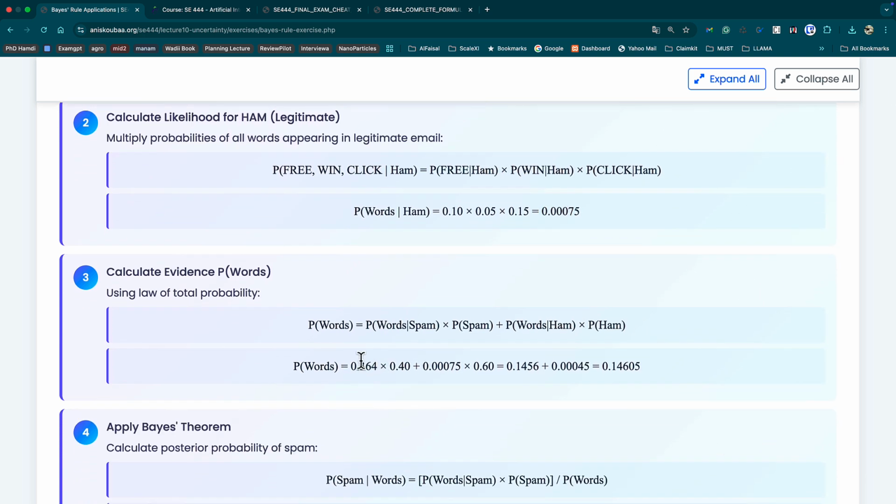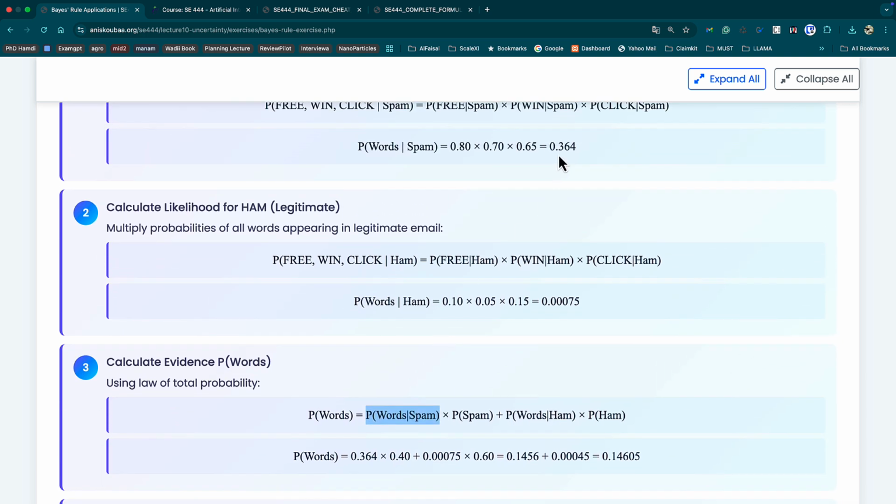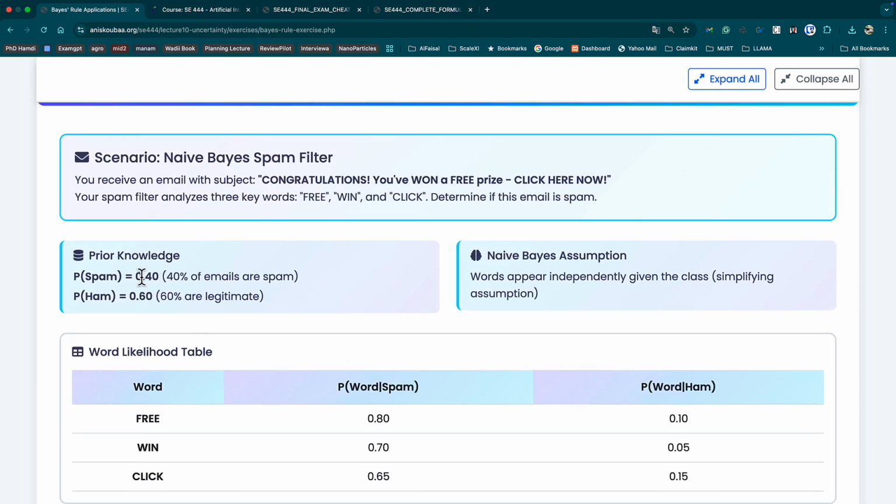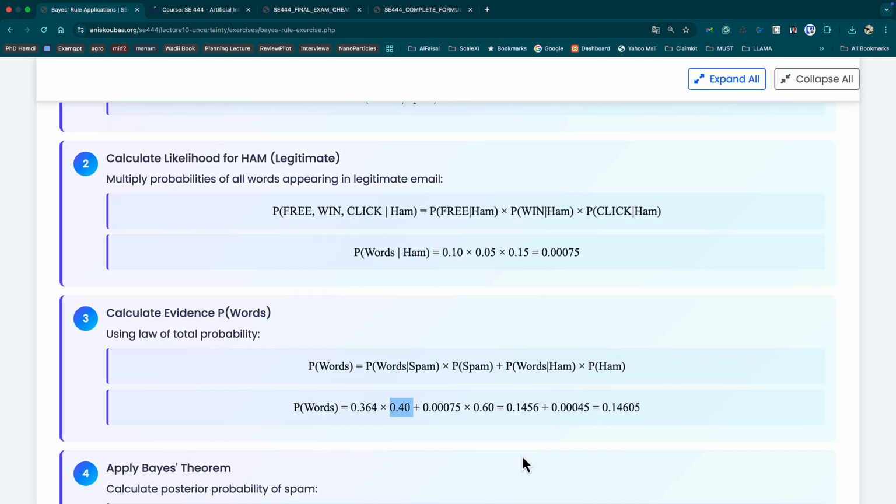And then, okay, so I have everything now. This value I calculated, 0.364, multiplied by 0.4. What is 0.4? From where do you get this value? Given, right? We know that. Yeah, we know from here. Multiplied by this value that we calculated, multiplied by 0.6. What is 0.6? Given also.